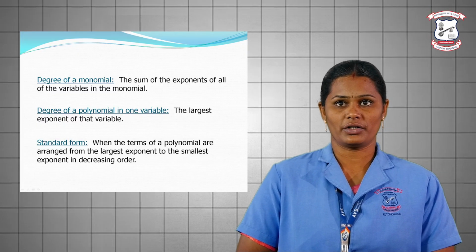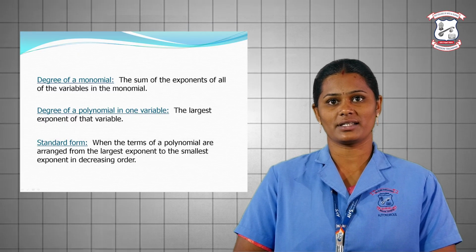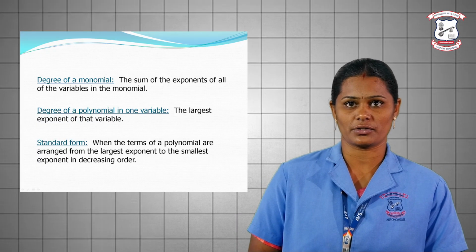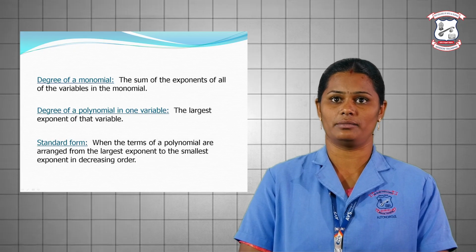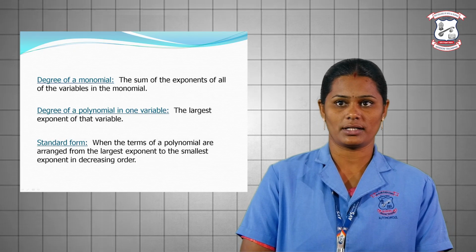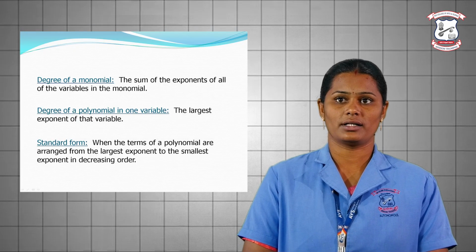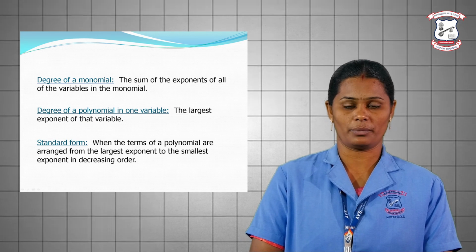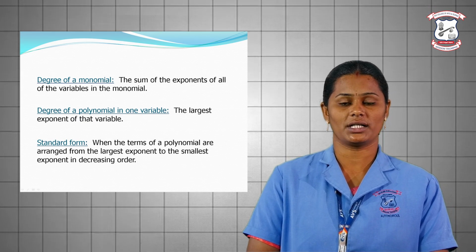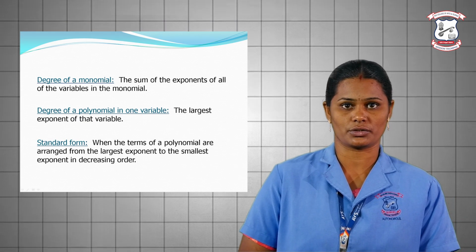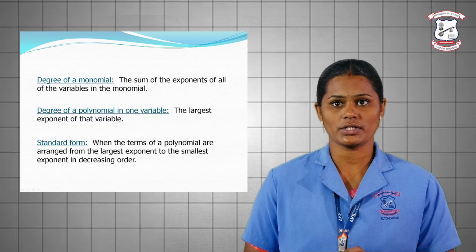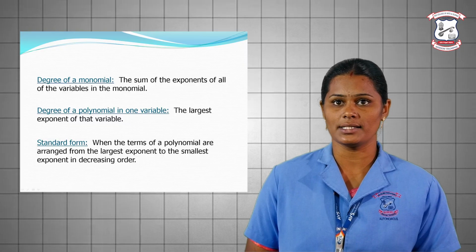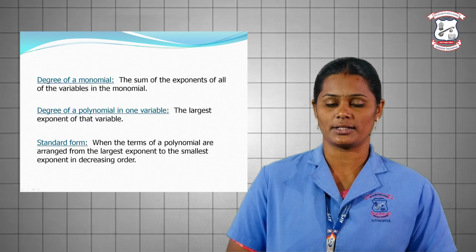The largest exponent of the variable is the degree of the polynomial in one variable. And then next one, standard form. When the terms of a polynomial are arranged from the largest exponent to the smallest exponent, that is, arranged in decreasing order, that is called standard form.